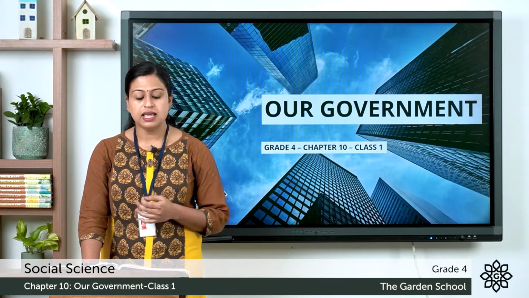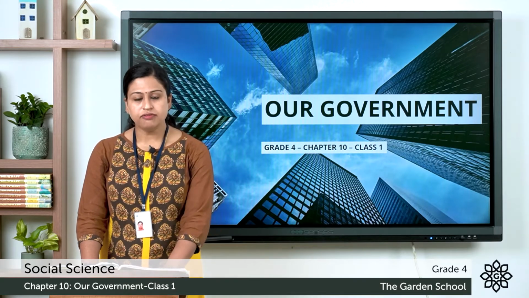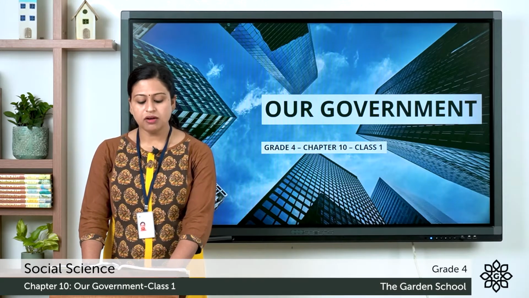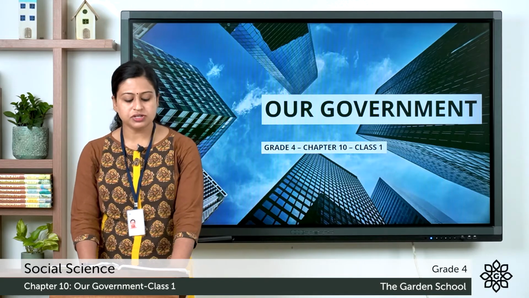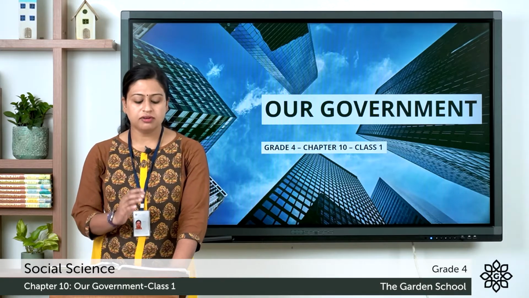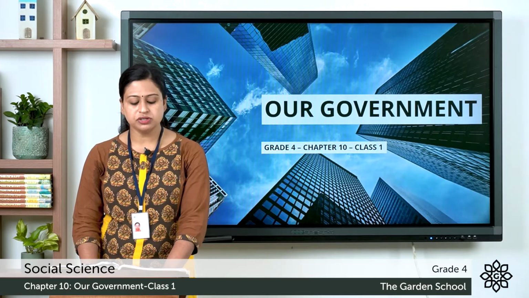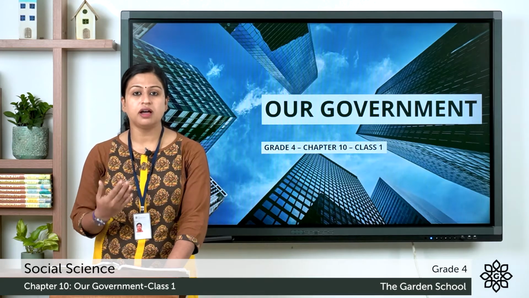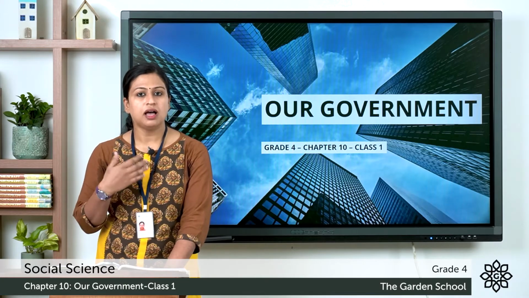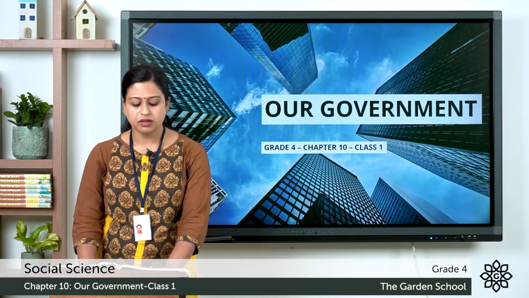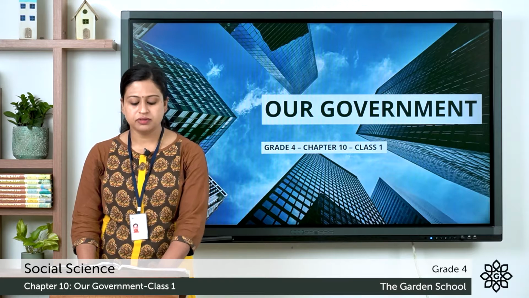Here the first one is the central government, and its function is to take care of national security. National security means security related to the whole nation. The next function is relations with foreign countries. Foreign countries means countries other than India, and also union territories.